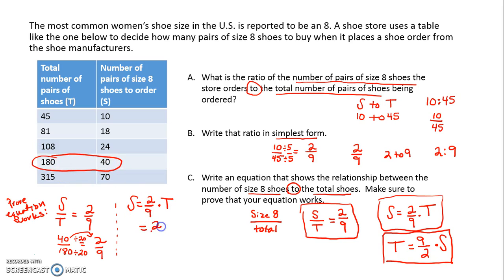So if I did 2/9 times 180, what am I hoping to get for S? I'm hoping to get 40. So this is the same as 180 over 1. 9 goes into 9 once. 9 goes into 180. 9 goes into 18 twice. So 9 goes into 180 20 times. 2 times 20 is 40. Yay, that one works.